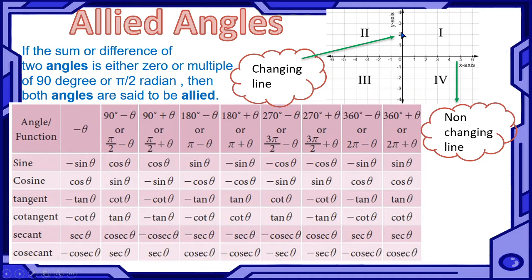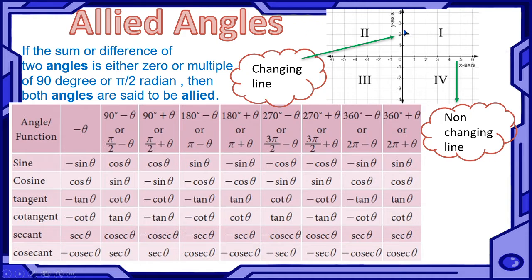Cos will be converted to sine. Tan into cot, cot into tan. So that's why we used to say sine 90 minus theta is cos theta. If it is sine 90 minus theta, 90 minus something, so definitely they are going to fall in first quadrant, and in first quadrant we have just discussed all the trigonometric functions are positive.